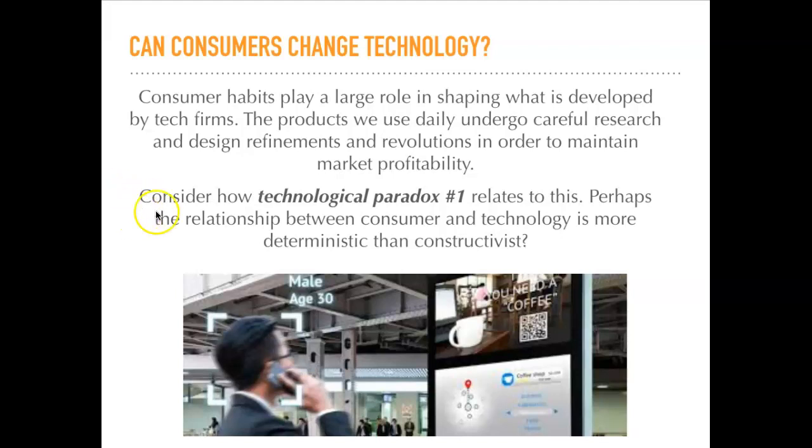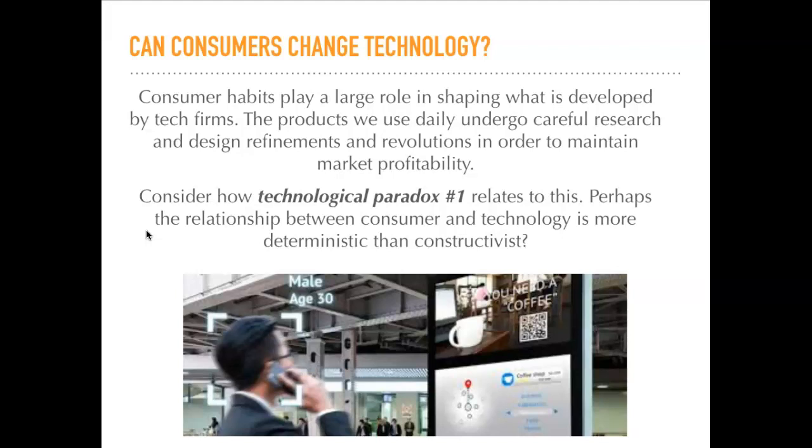And one little last point here is, we also need to consider here with consumer habits how much technological paradox number 1 relates to this. Consumers generally tend to know much less about how a technology is made and manufactured, but they're happy to consume it, which then still allows the power to be conferred on its manufacturer and designers and creators.